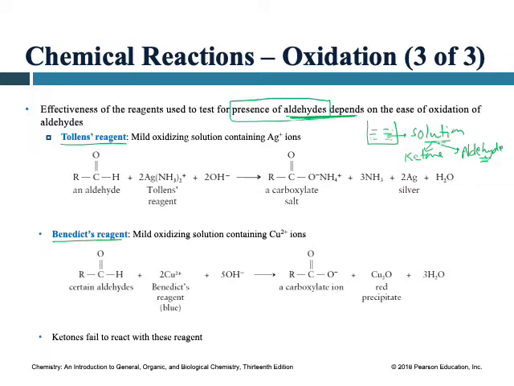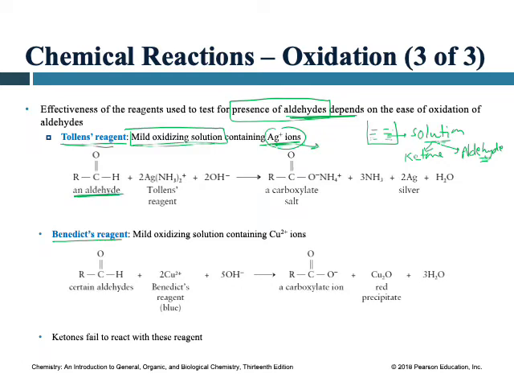So let's talk about Tollens reagent. What is Tollens reagent? Tollens reagent is a mild oxidizing solution that contains a silver ion. So what does it mean? Like I said, this is a mild oxidizing agent, meaning it oxidizes an aldehyde. If there is an aldehyde present in a solution, it's gonna be oxidized to a carboxylic acid, and the silver ion is going to be reduced. So let's say this is one of the aldehydes present in your solution.